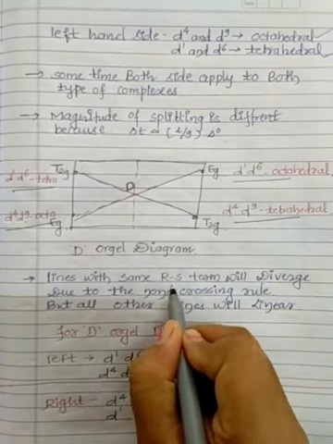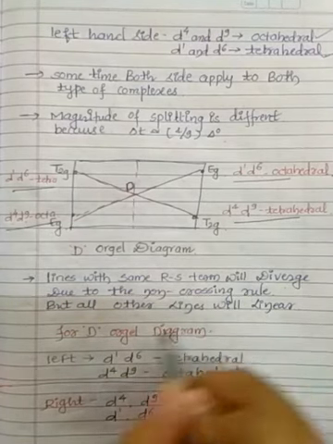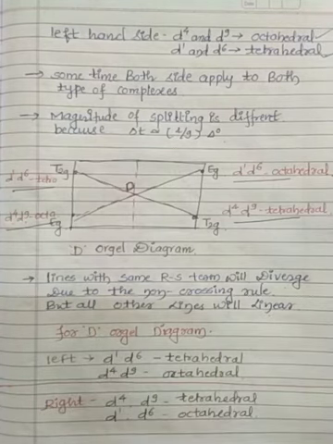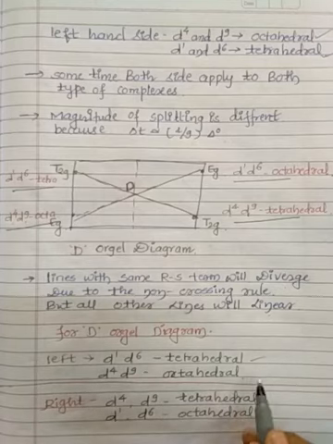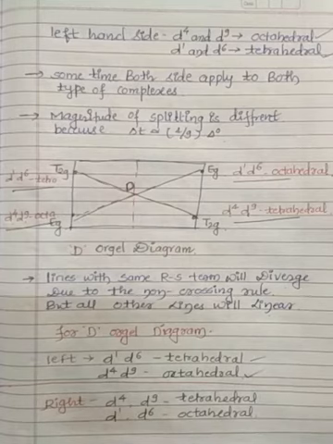Lines which have the same Russell-Saunders terms will diverge due to the non-crossing rule, but all other lines will be linear. For the D Orgel diagram, the left is D1, D6 for tetrahedral and D4, D9 for octahedral complexes. And for the right side, D4, D9 for tetrahedral and D1, D6 for octahedral.